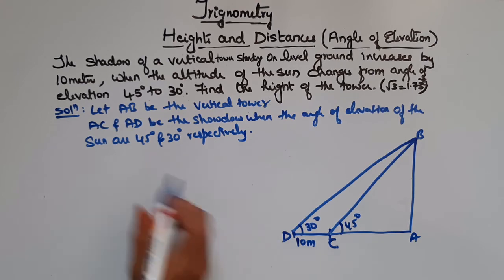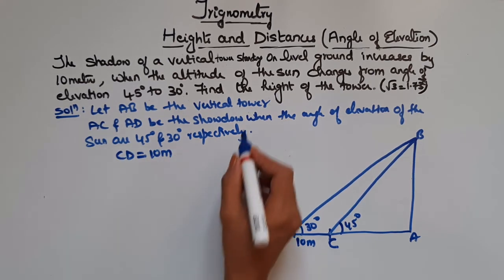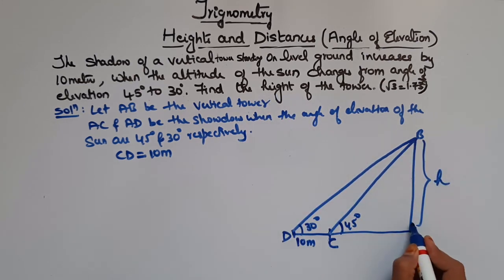We know CD is equal to 10 meters. So our aim is to find the height of the tower, and this angle is 90 degrees, right?